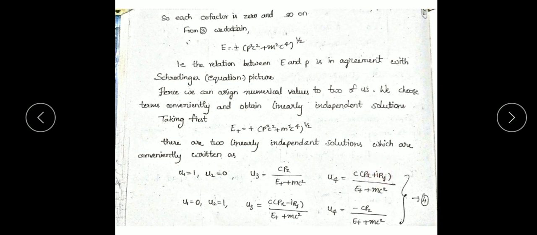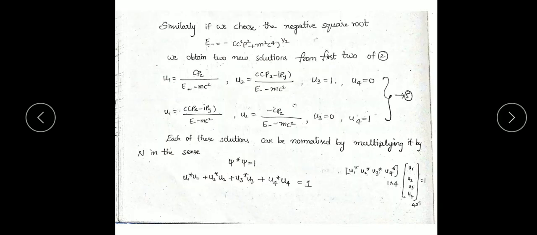So its conjugate would be px minus ipy into c by e plus mc square. If we multiply u4 into u4 star, that is px plus ipy into px minus ipy, that is px square plus py square, we would get n square. So px square plus py square into n square c square, which is nothing but equal to 1. This is what we get after solving.